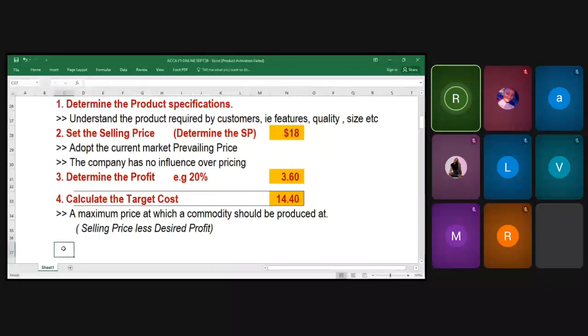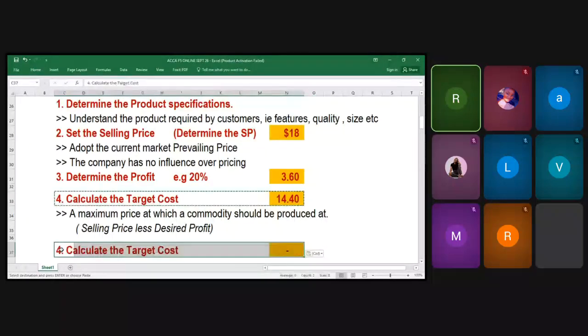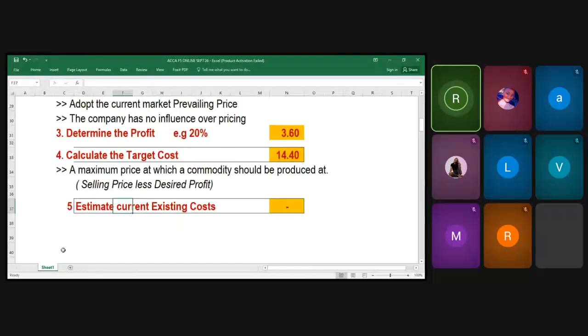We are going to make the best estimate on step number 5. Step number 5, we are going to estimate the current existing cost. According to our setup, if we want to produce such an item, how much does it cost us? All right, that is critical.